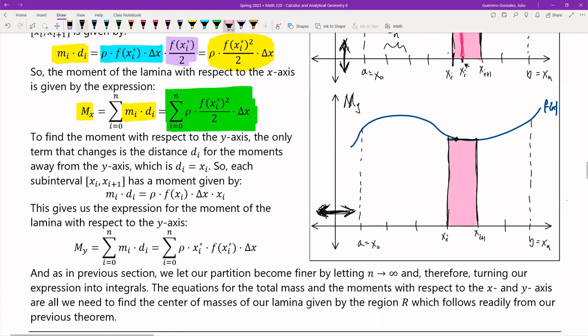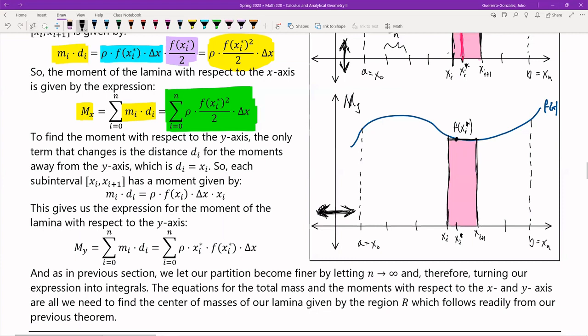So the height here is still given by f of xi star, and that will determine its height. Now I want to find the moment with respect to the y-axis for this particular rectangle.